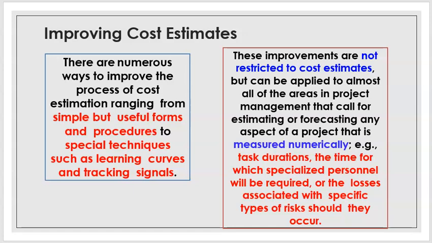These techniques, learning curves and tracking signal, can be applied to other measured numerical aspects of the project, such as task duration, the time to which specialized personnel will be required, and losses associated with specific types of risk that should occur.